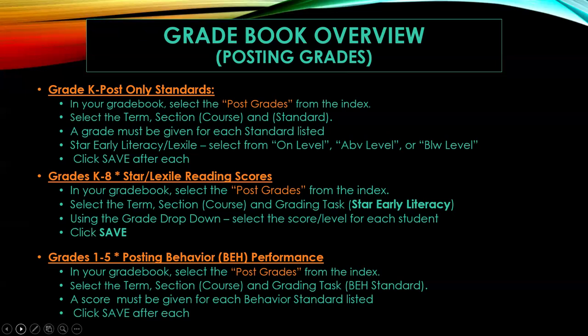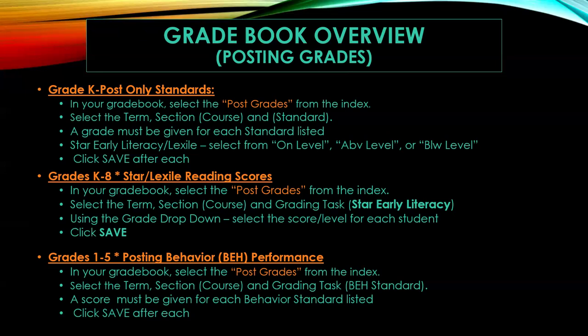For grades 1 through 5, posting behavior in your grade book, you will select again post grades from the index. You will select the term, section or course, and grading standards, which will be your behavior standards.